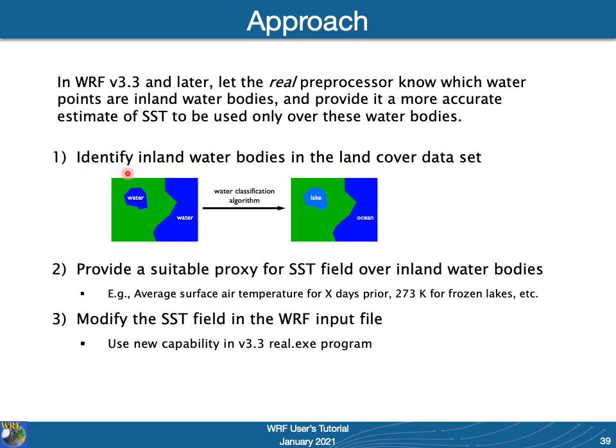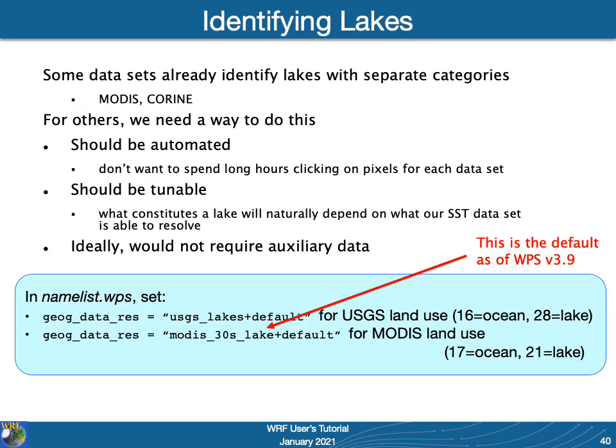So the first thing that we need is some land use dataset that distinguishes between lakes and oceans. The second thing we need is some way to create a proxy field to be used for the SST over just these inland water bodies, but not over oceans. And then the third thing we need is for the real program to selectively substitute that proxy SST field only over lake points.